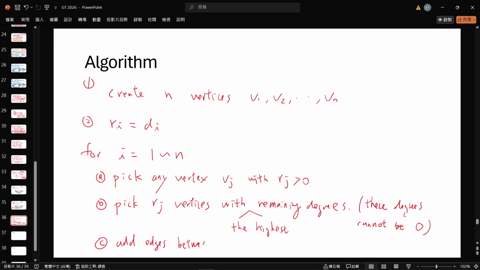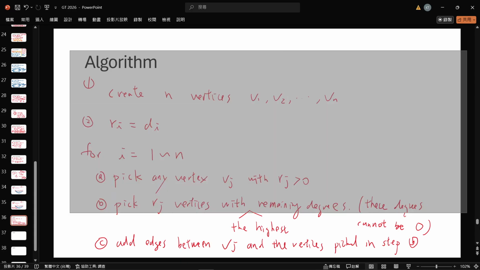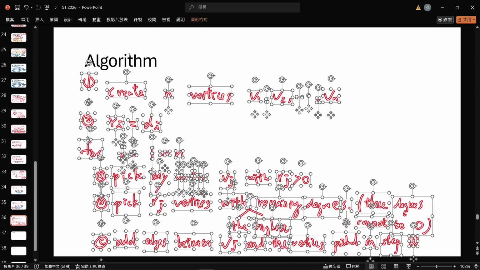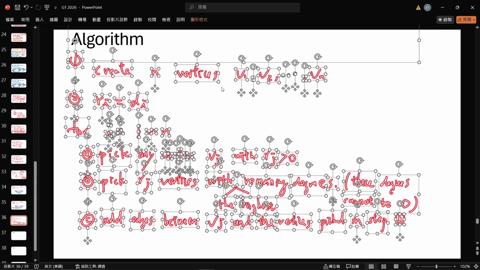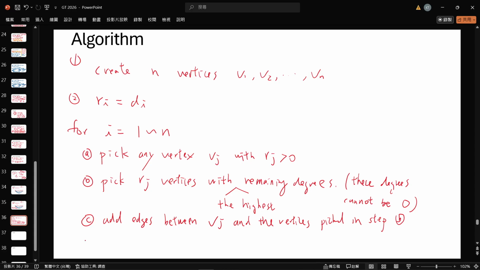And then we just add edges between Vj and the vertices picked in step B. And then update the remaining degrees.